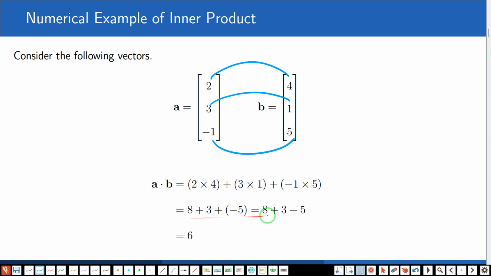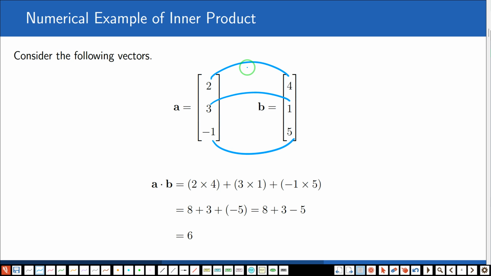The result is 8 plus 3 minus 5, and that becomes 6. Whenever the signs are the same, the result is positive. When the signs are not the same, the result is negative, and that reduces the total sum. But when the signs agree, they increase the sum, and that's the point.